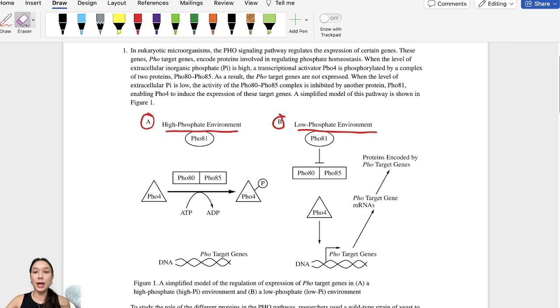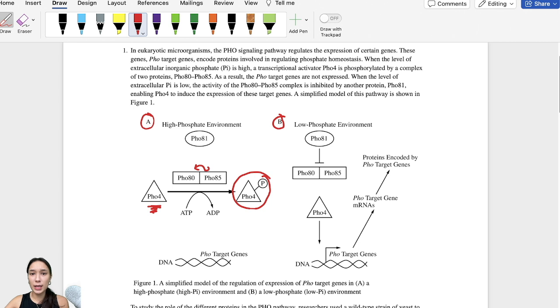So when there's high phosphate, we see that we have our FO4 protein, and FO80 and FO85, these ones are connected to each other like a dimer. They're going to result in the phosphorylation of FO4. Okay, so FO4 gets phosphorylated, and as a result, this is going to be inhibited. So this is our DNA and our FO target genes.